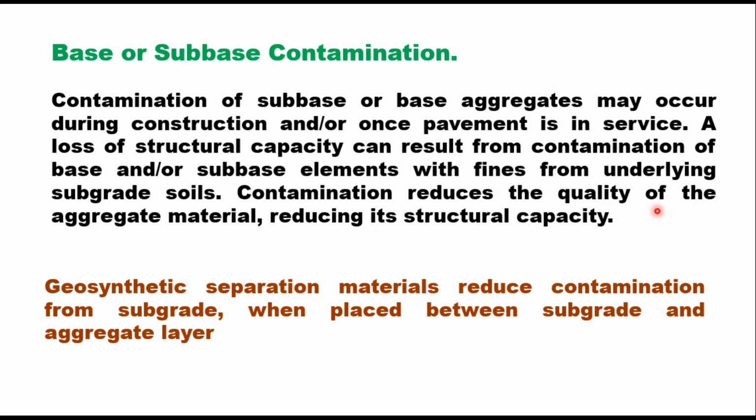Contamination reduces the quality of the aggregate material, reducing structural strength. And therefore, geosynthetic separation materials reduce contamination from subgrade when placed between subgrade and aggregate layer. But that should always be used with the recommendation of a geotechnical engineer.